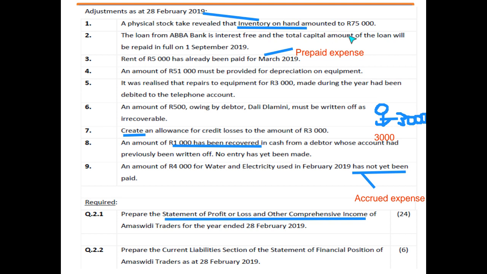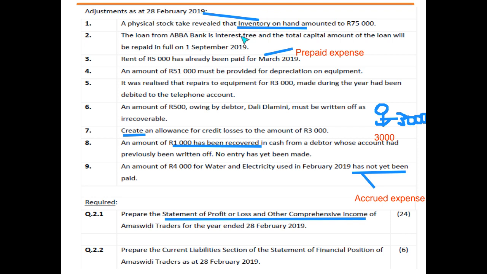Obviously, we used number 1. Let's look at number 2. What do you think about number 2? Is there any expense there? Yes. Which one? The interest. They said it is interest free.